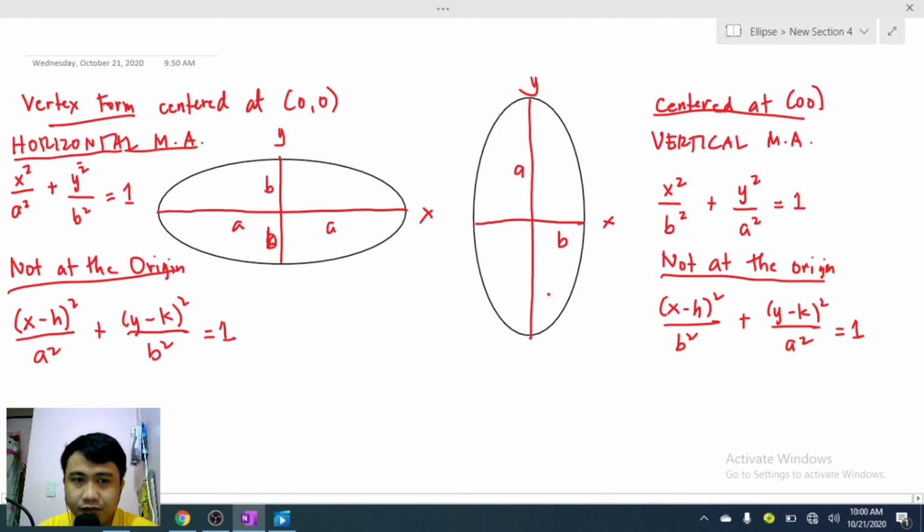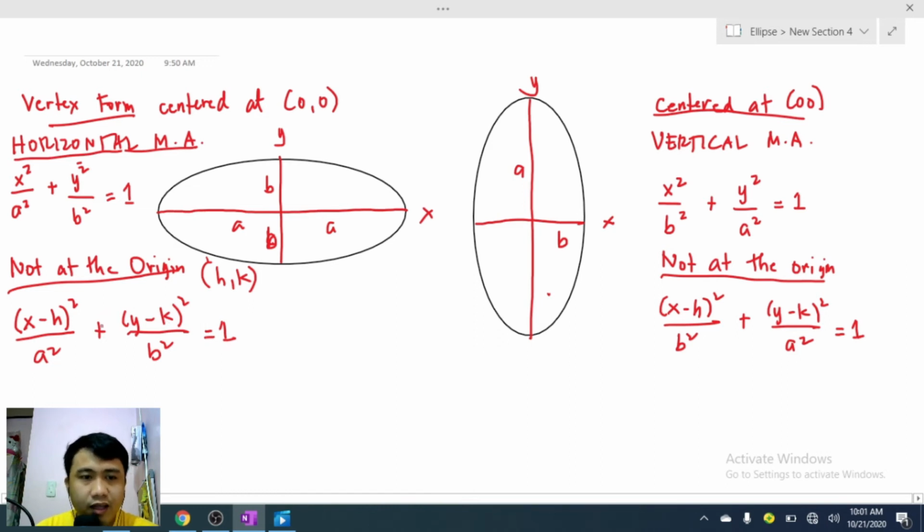Okay? So, ganun din, kapag yung ating ellipse ay hindi nakasentro sa origin. Yan. So, lalagyan nyo lang siya ng h and k kasi mayroon na tayong center, hindi na siya 0, 0. So, ang center kasi natin, h, k na. So, (x minus h) squared over a squared, ganon din dito, (y minus k) squared over b squared is equal to 1.